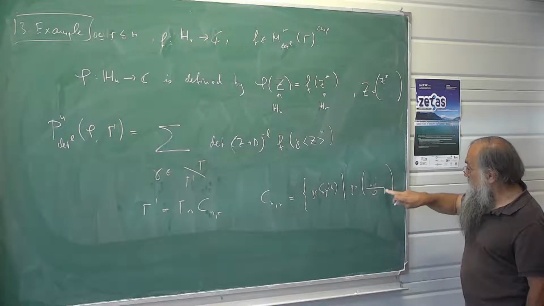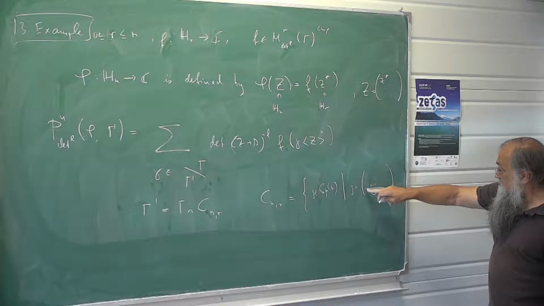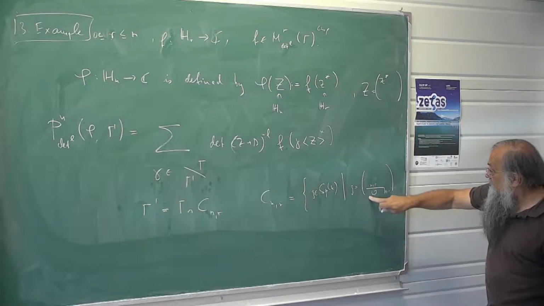The last n plus r rows and the first n minus r columns are 0.